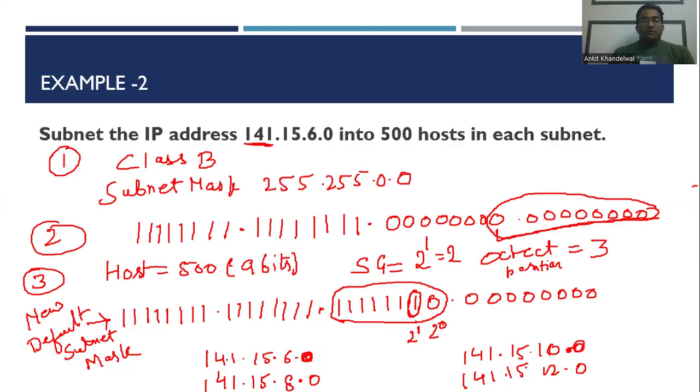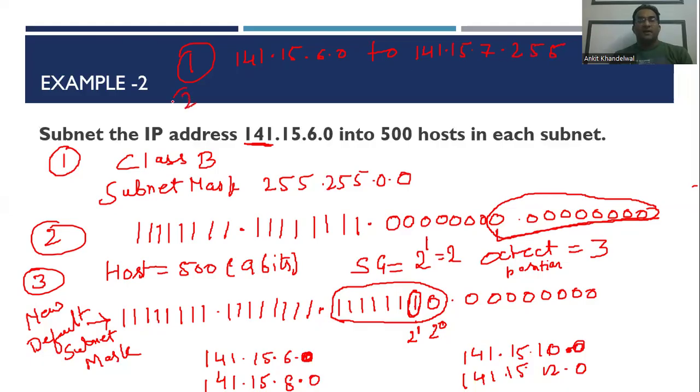Now, the first network will have the IP address 141.15.6.0 to 141.15.7.255. This is the network address range of the first network.